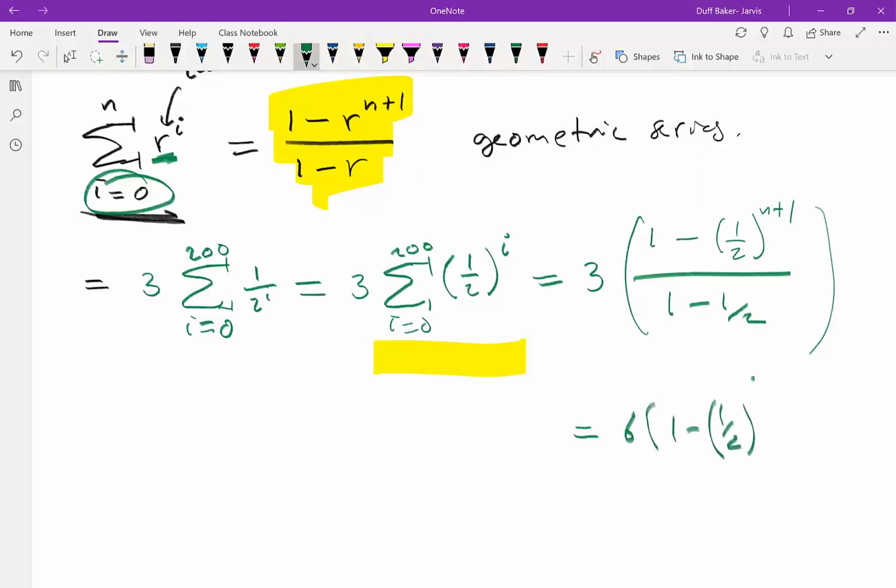So you get some number like 6 times 1 minus a half to, sorry, instead of n we should actually use our number 200, so 200 plus 1. And yeah, you get some number where it looks like it's really close to 6, right?